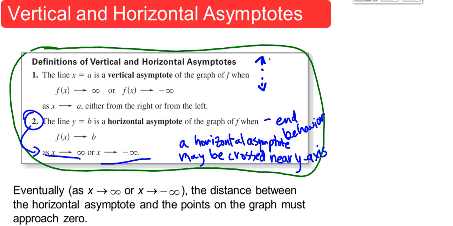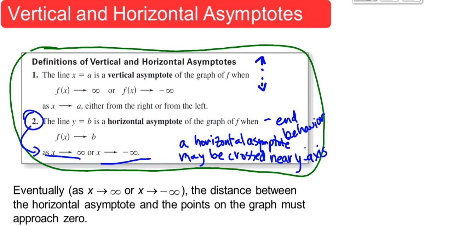The line y equals b is a horizontal asymptote if the graph of f, when f of x goes to b as x goes to negative infinity or positive infinity. Notice here I have written in blue, this is about end behavior. So a horizontal asymptote may be crossed near the y-axis. And if you've noticed, I've said that several times already.